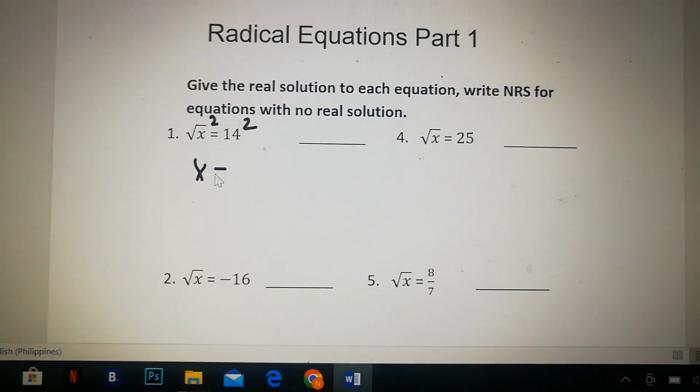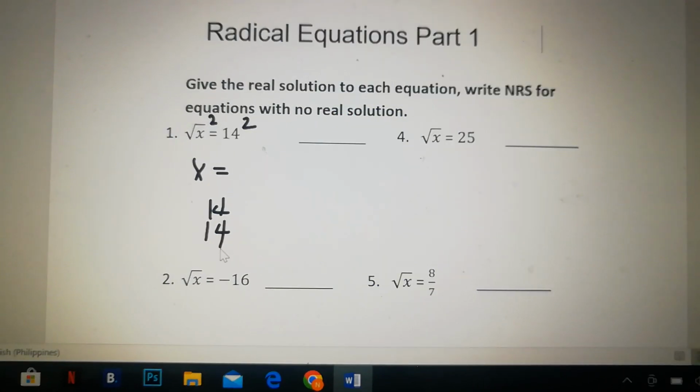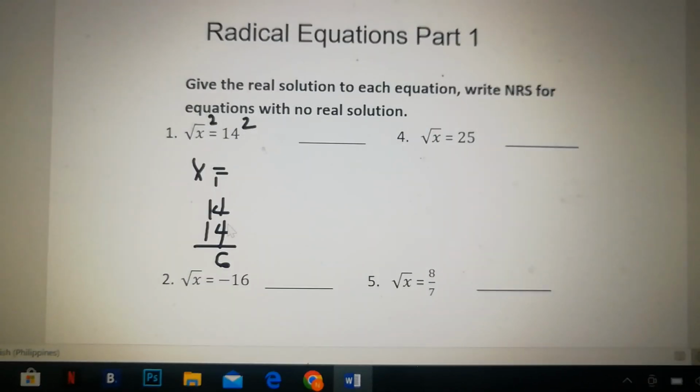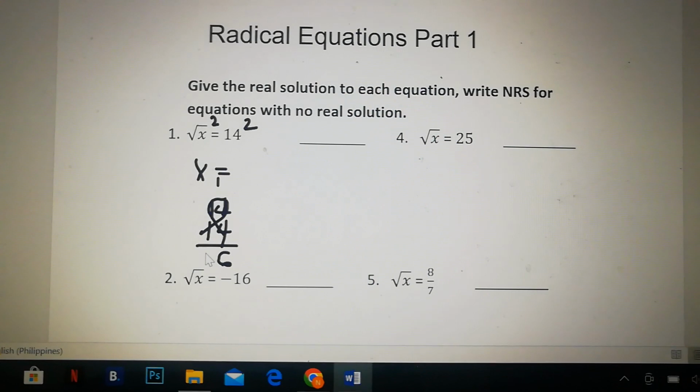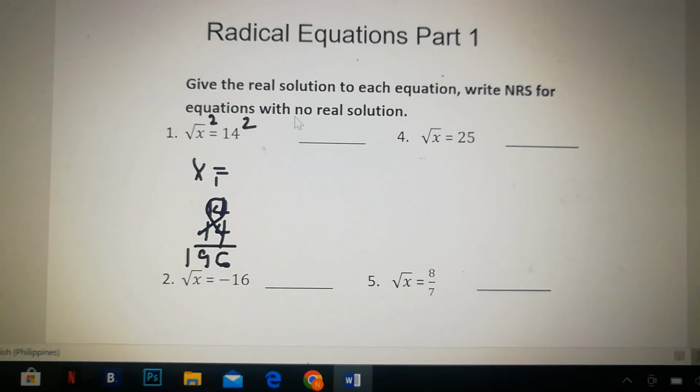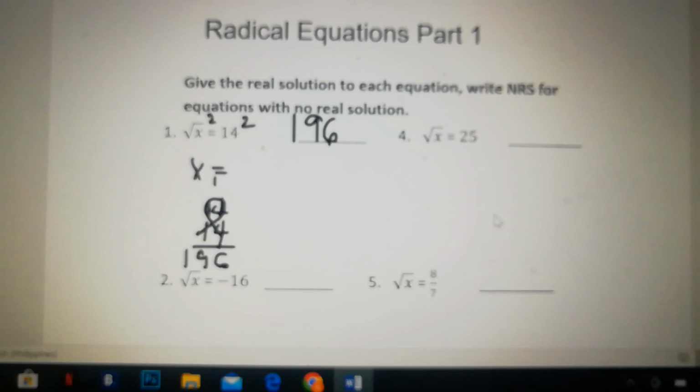So what is 14 times 14? 14 times 14 is equal to 16, carry 1, 4 plus 4 equal to 8 plus 1, 9. 1 times 1, 1. So therefore the answer is 196.